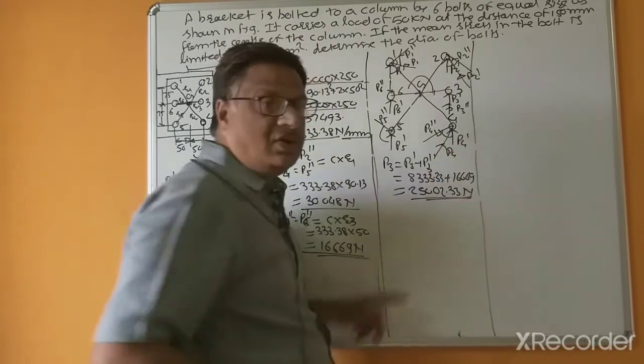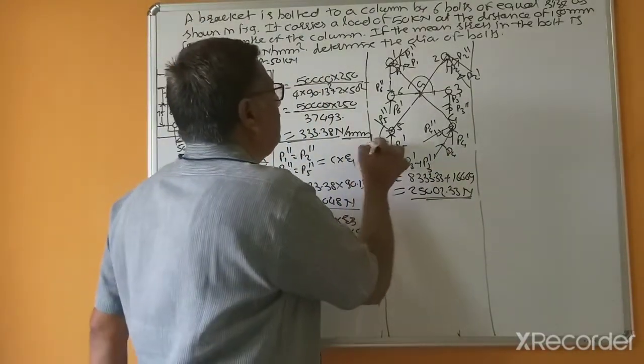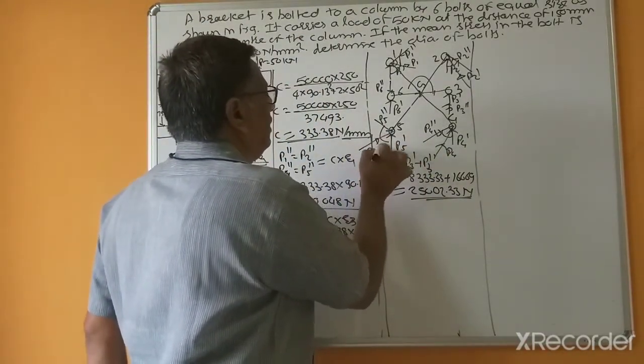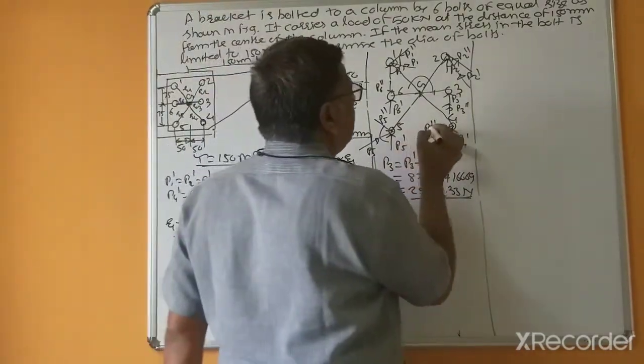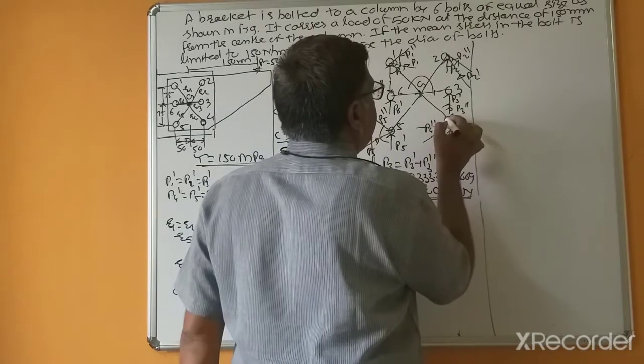This is to try to understand. Here's P5, this is P5. So that's why we have to check these angles. So which is this angle?